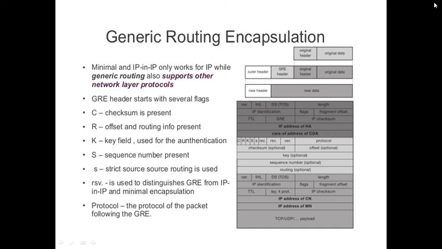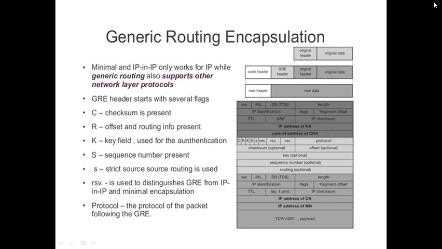And the next one is K. If GRE offers a key field which may be used for authentication, then the K bit is set. Okay, if it is offering any authentication process. And S indicates the sequence number, just the sequence number of the fields.